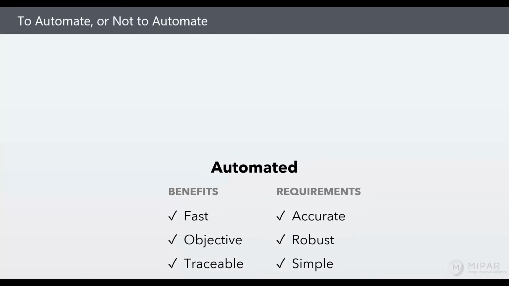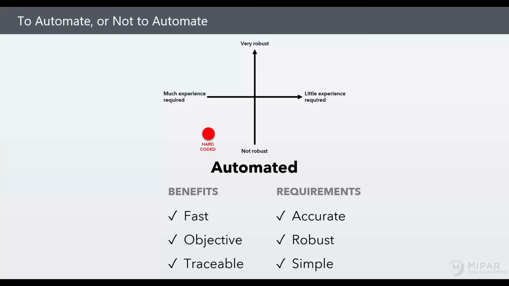So historically, before even the advent of more graphical processing applications, we were writing code for each problem. And in many cases, that's still the approach. So if we consider for a moment this very rudimentary plot of two axes, where you've got a solution that ranges from requiring tons of experience to very little experience on the x-axis, and one that is not robust at all to very robust on the y-axis, I think it's reasonable to place many of our hard-coded solutions in an area like that.